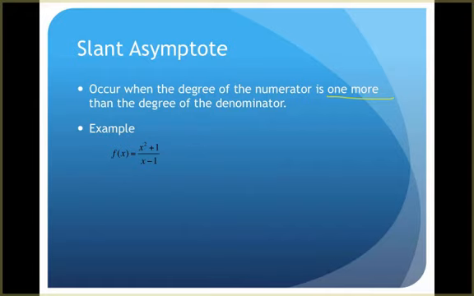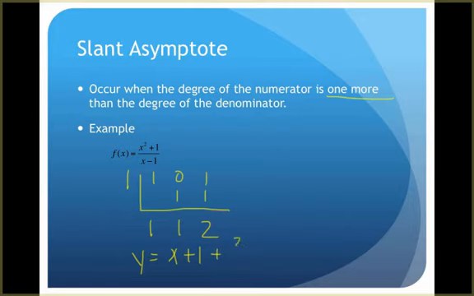So what we do is we take the denominator and use synthetic division to find our equation. So I'm going to have 1 on the outside. On the inside, I'm using the coefficients of the numerator, so 1, 0, 1. And applying synthetic division, I get that I have an equation of y equal to x plus 1 plus a remainder of 2 divided by x minus 1.